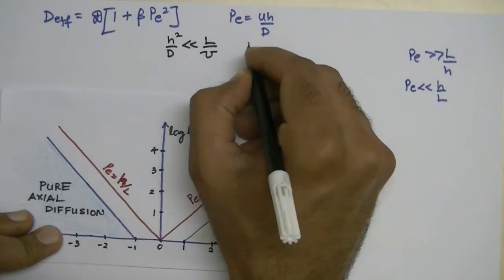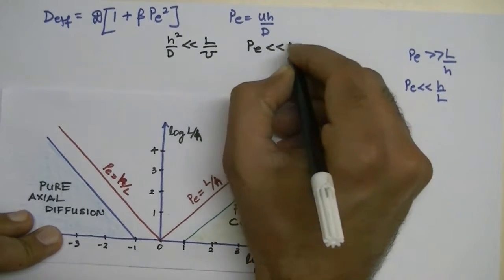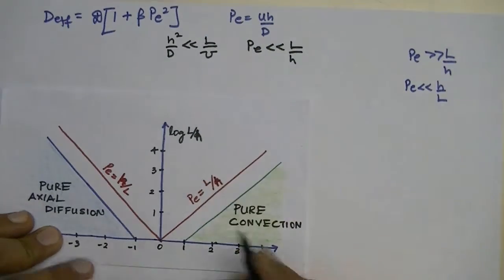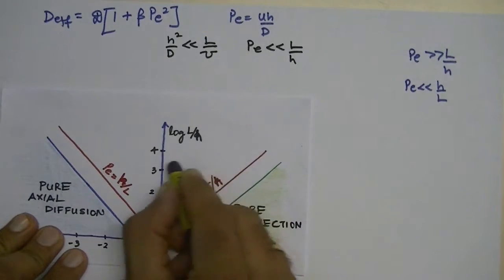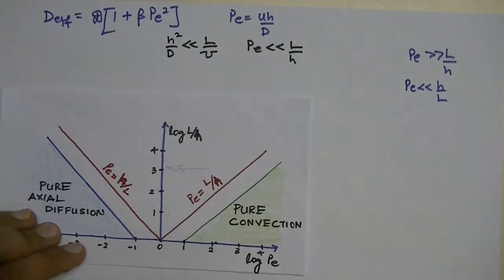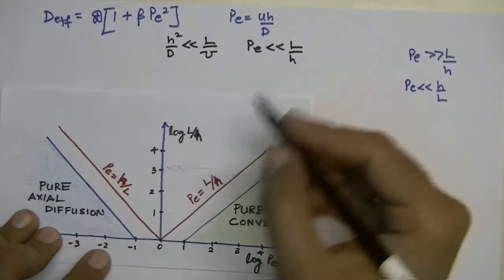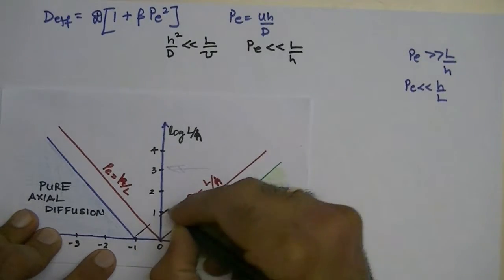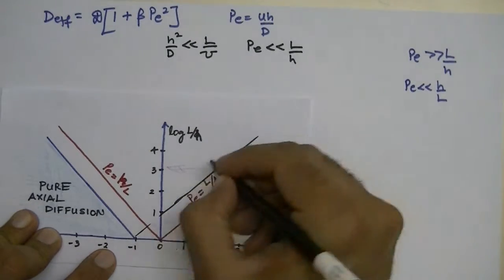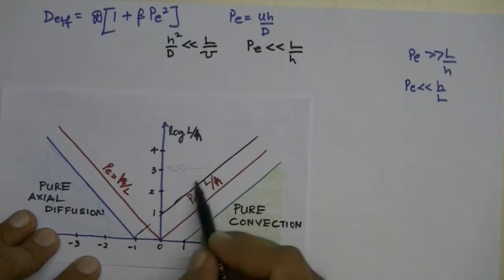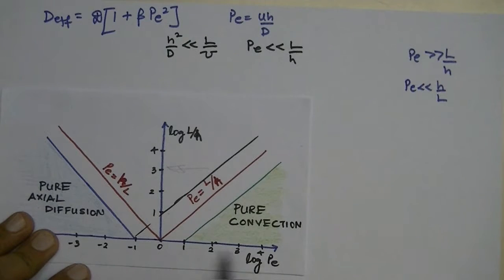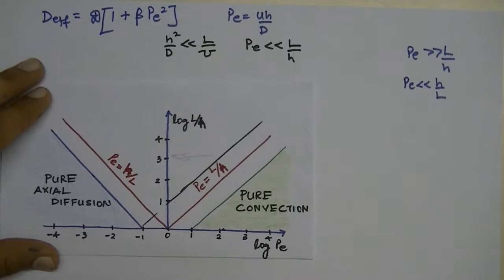So this is true when Peclet number is significantly smaller than L over H. So we are somewhere over here on this side of this line. Because we need significantly smaller than L over H, we are towards the right hand side of this parallel line to ensure that we are an order of magnitude smaller than this value of L over H, and that's because we are looking at a log-log plot of the Peclet number.